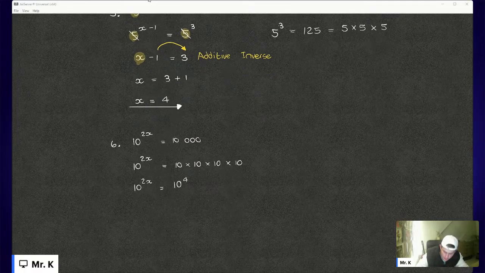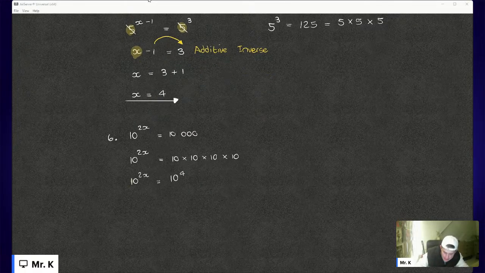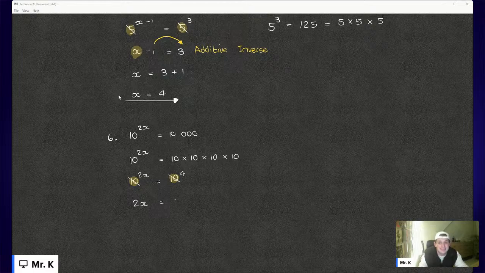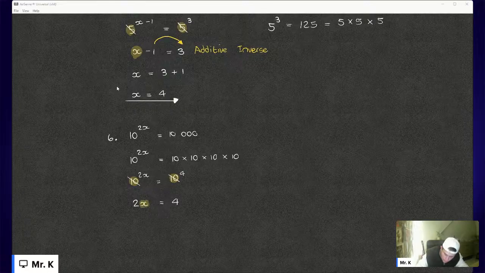Now again, when you have an identical base on the left and right hand side of an equation, you may drop the bases and make the exponents equal to one another. And in this kind of example, you can see that in order for us to get x on its own, we would need to divide by 2 on both sides, grade 9s. Divide by 2 on the left and on the right.